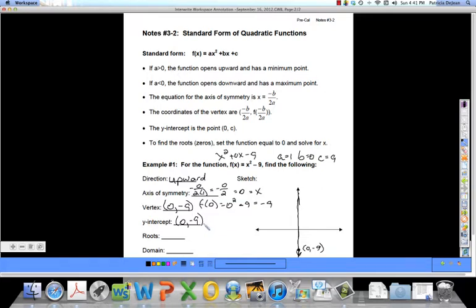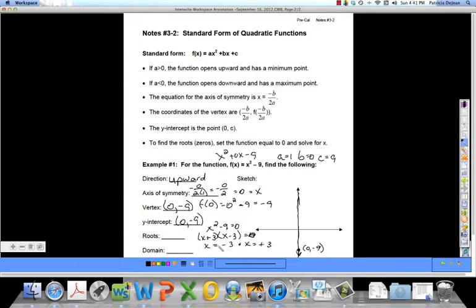Now, where does it cross the x-axis, or how do we find the roots? Set the function equal to 0, so we're going to set x squared minus 9 equals 0. The way you solve a quadratic, remember, we're going to factor it, and that's going to factor as x plus 3 times x minus 3, and that equals 0. That means when I set each of these equal to 0, my roots are x equals negative 3 and x equals positive 3.